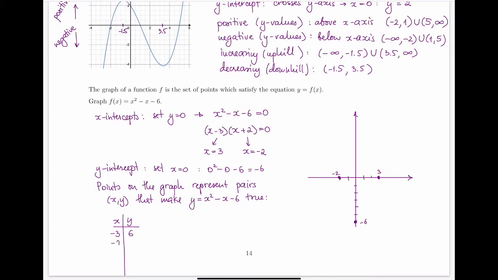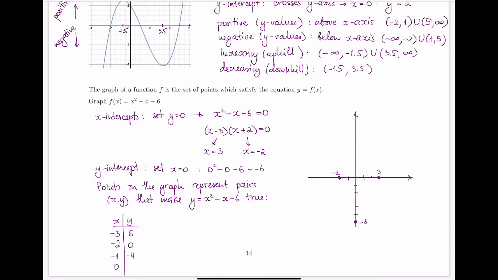If I plug in -2, notice that -2 is one of my x-intercepts. If I plug in -2 into this equation right here, again, doing the math, -2 squared minus -2 minus 6, I will not surprisingly get a 0. If I plug in -1, I'm going to get -4.